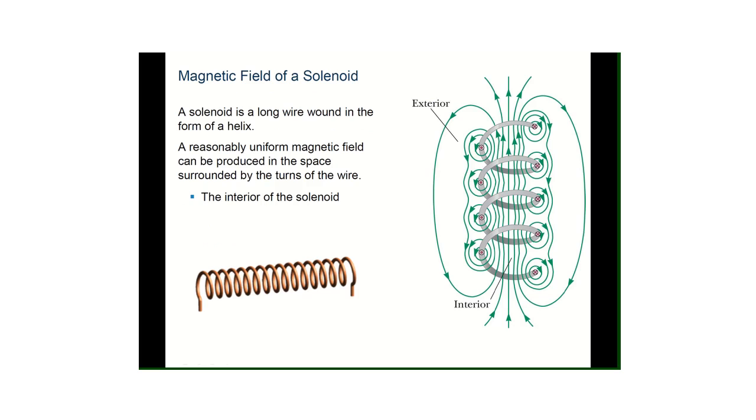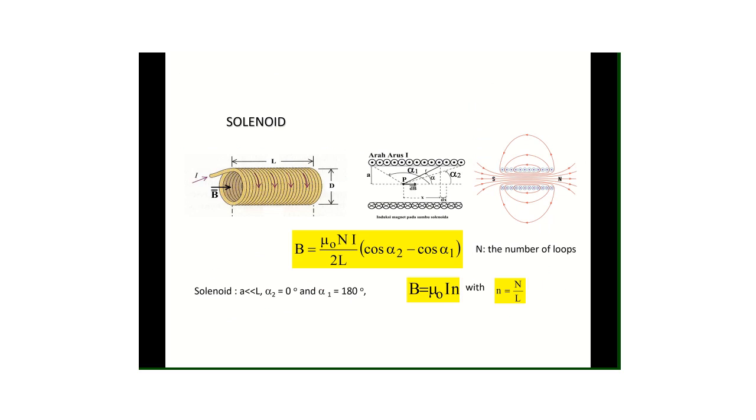So the next example is how to find the magnetic field of a solenoid. A solenoid is a long wire wound in the form of a helix. You can easily describe the geometry of solenoid as shown in this slide. So how to find the magnetic field of a solenoid is also using the Biot-Savart Law.